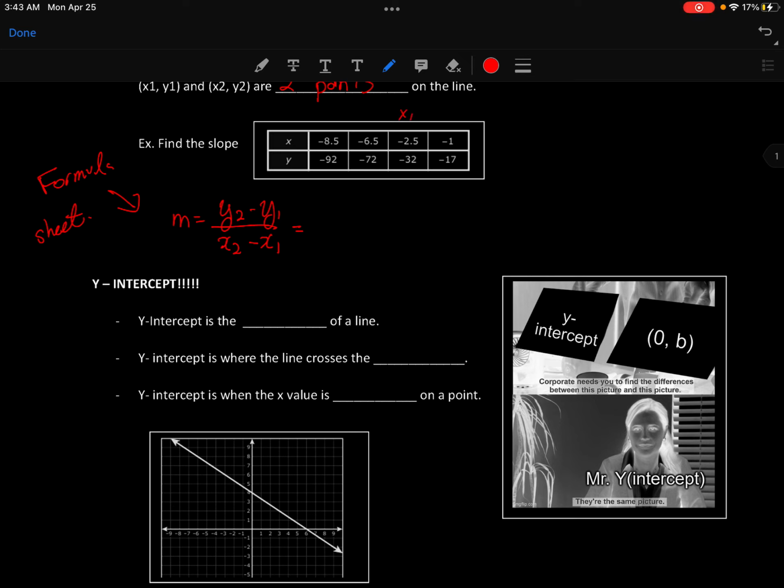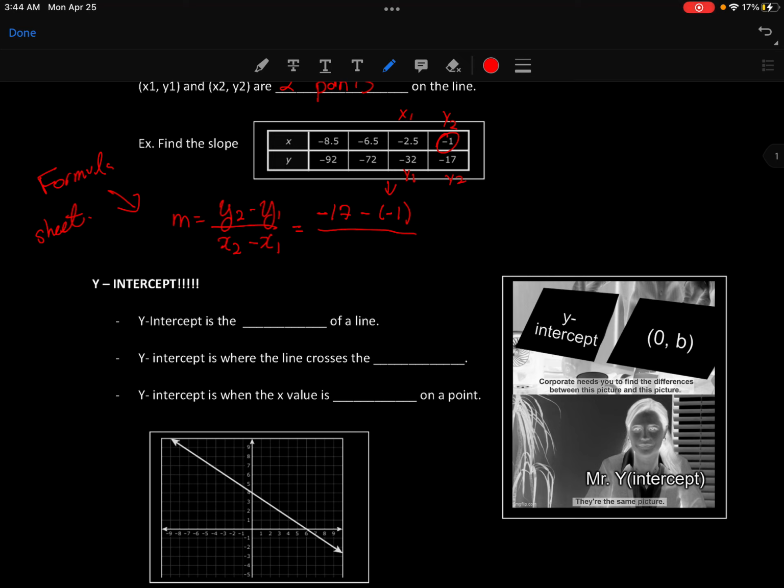This is x1, y1, x2, y2. Well, y2 is equal to negative 17 minus negative 1. Now, notice, whenever I substitute a negative number into a variable, I bring along the sign with it. Make sure you write the steps every single time.